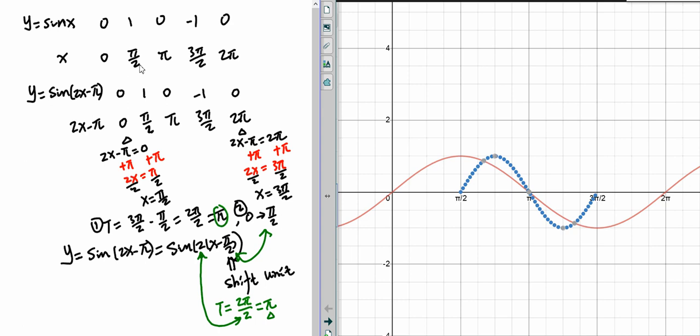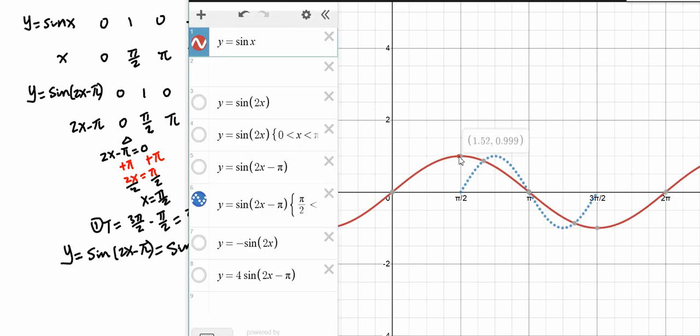Correspondingly, pi over 2, 1, pi, 0, 3 pi over 2, those 3 values will change accordingly. One will be here, another one will be here, and another one will be here.